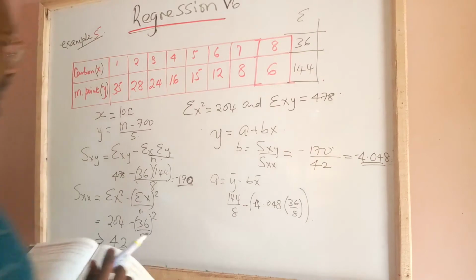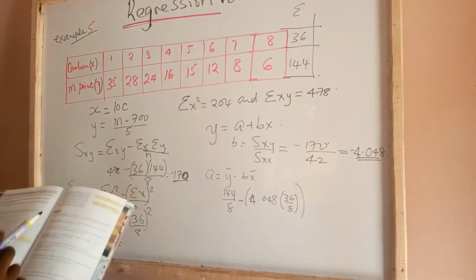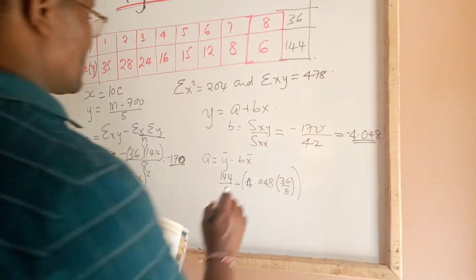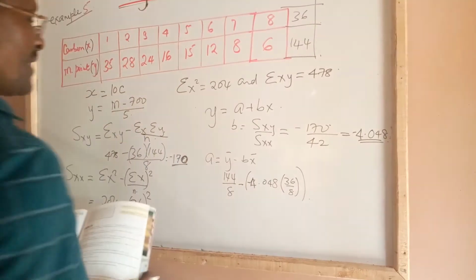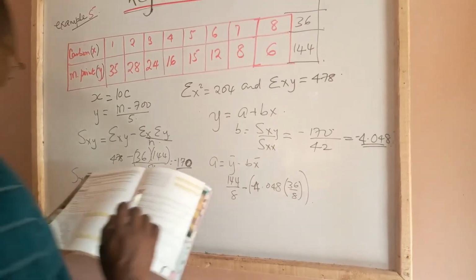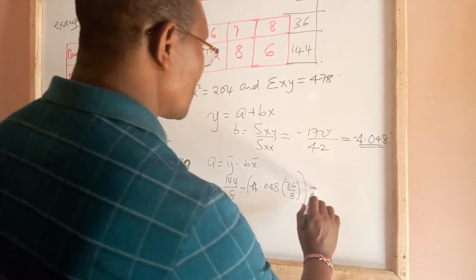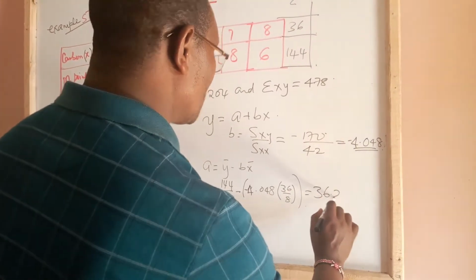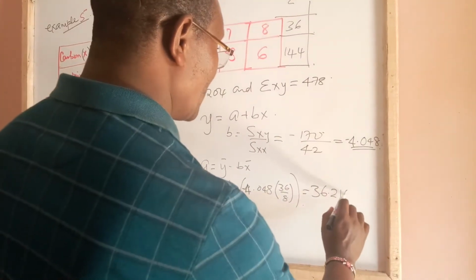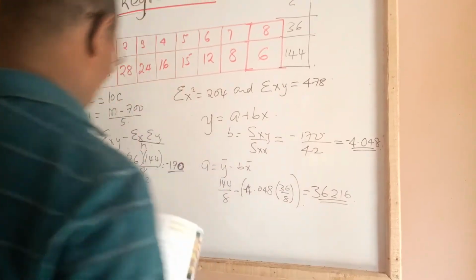And this one entirely, because the negative becomes positive, will give us 36.216. That is our value of a.